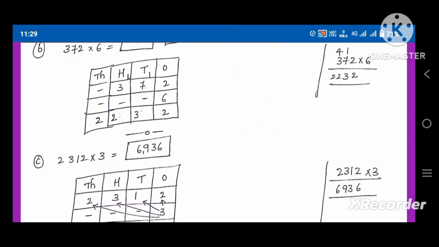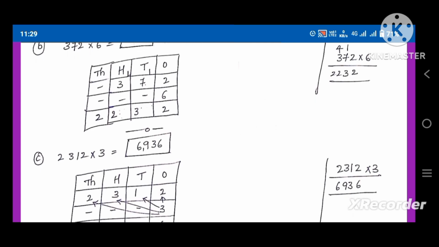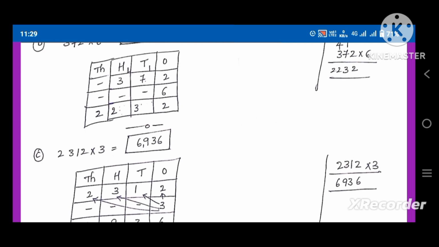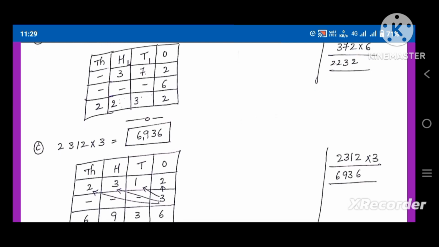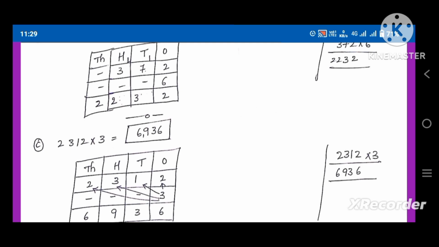Then answer is 2232. Question number C, 2312 into 3.